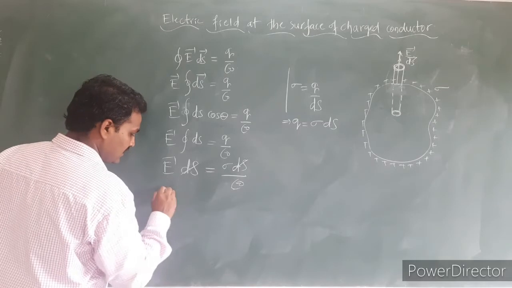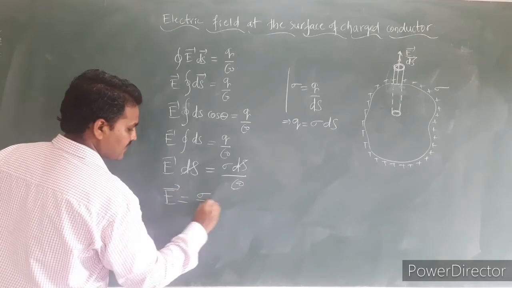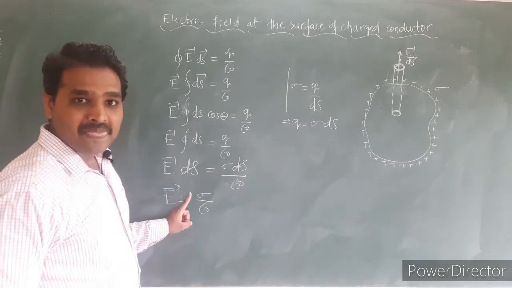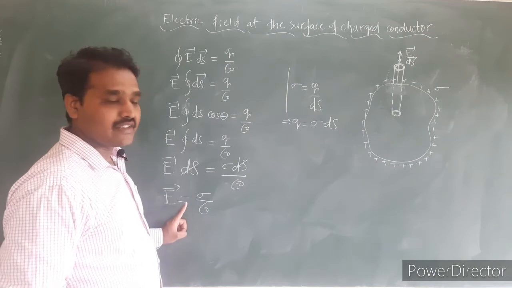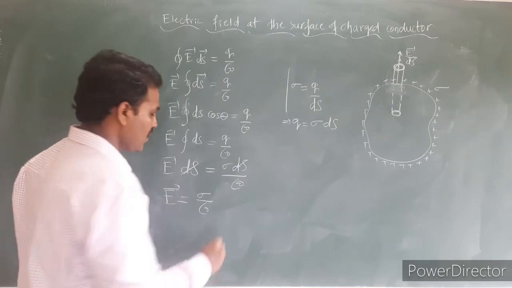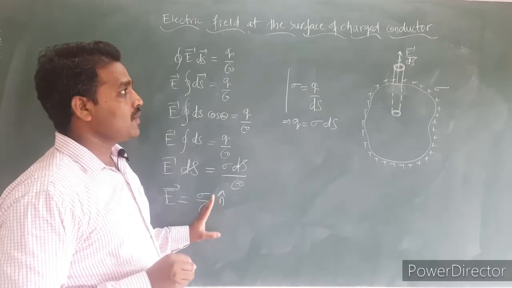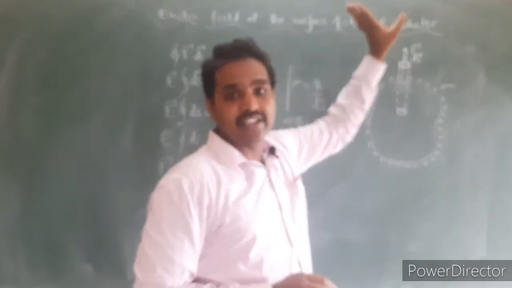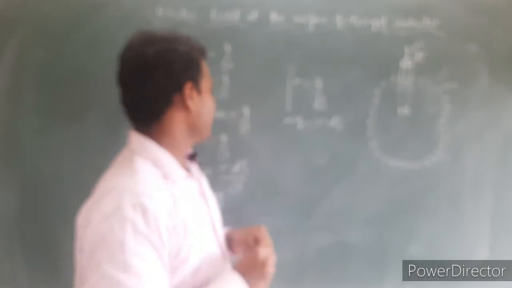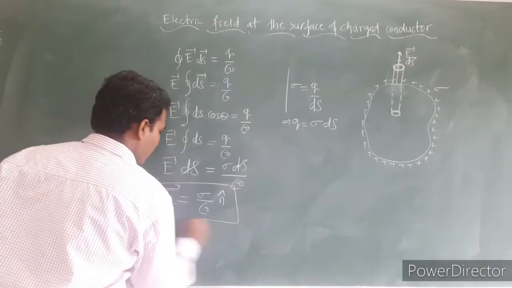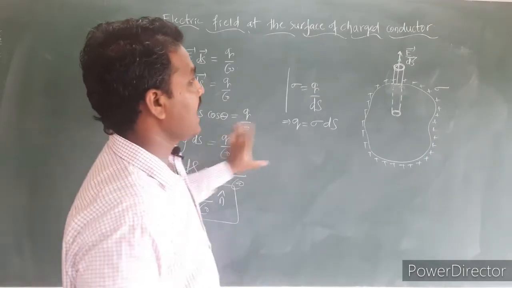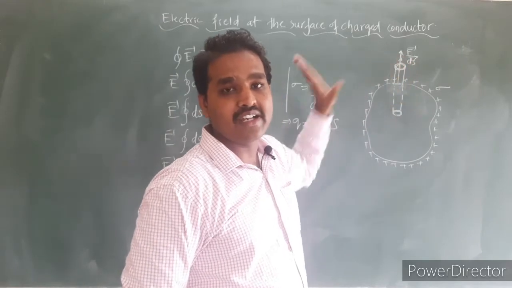So I can write the electric field intensity as sigma divided by epsilon naught. This is the magnitude of the electric field intensity. In vector form, I can write it as sigma divided by epsilon naught into n cap, where n cap is the unit vector along the direction of the electric field. This is the expression for the electric field intensity at the surface of a charged conductor.